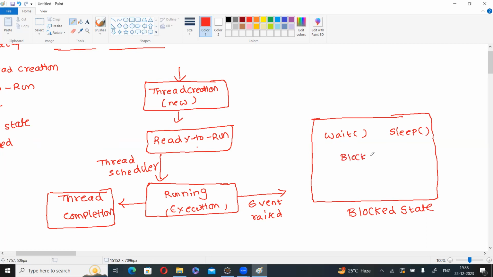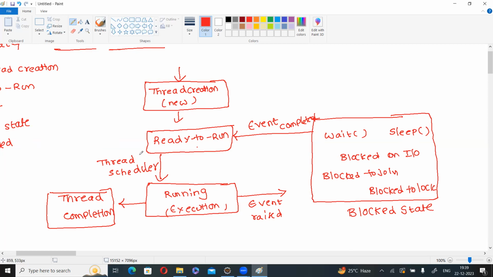Along with that, blocked on IO, so for input output operation the thread will be blocked. Blocked to join, blocked to lock. Like this, there are different reasons for blocking. Anyway, whenever an event occurred, it enters into blocked state. After that, if the event is completed, again it enters into the ready state.